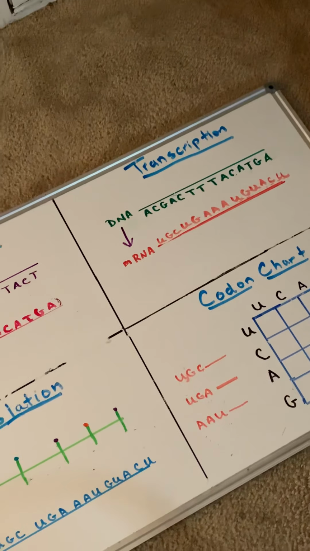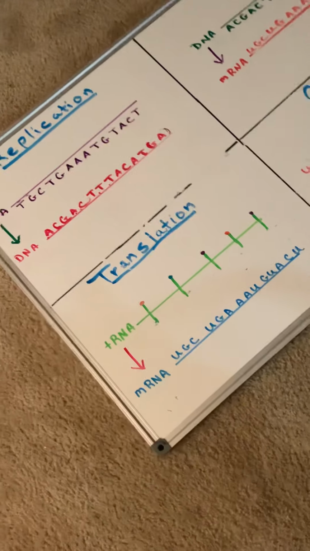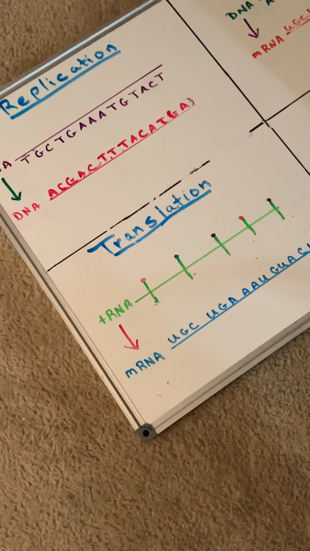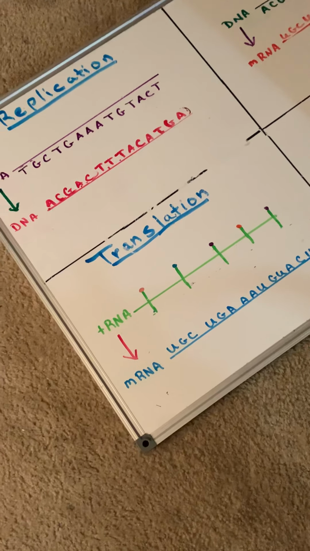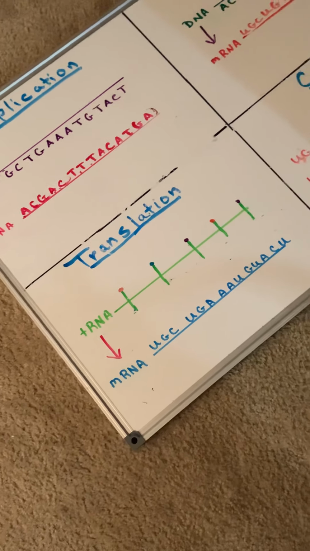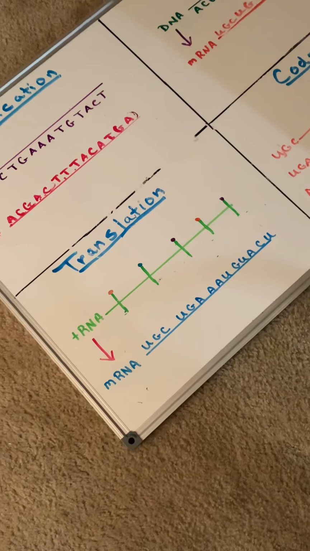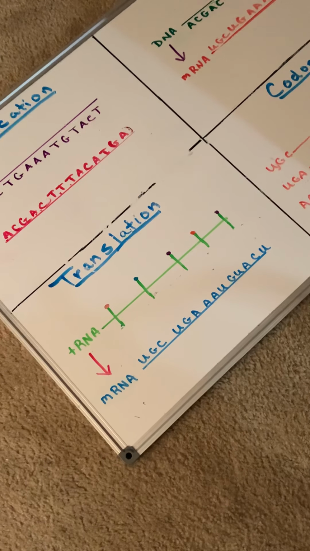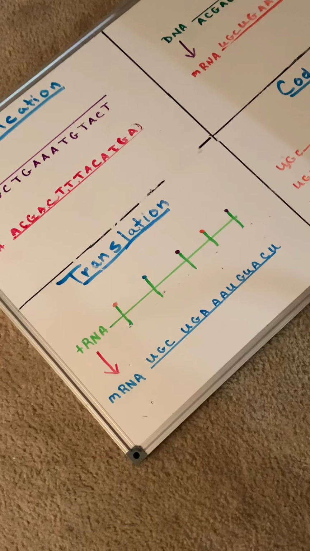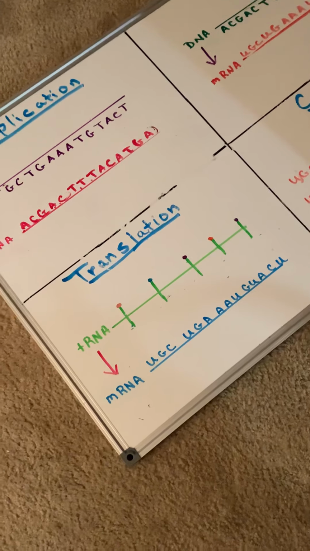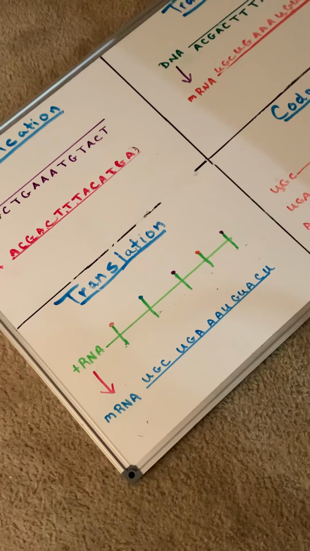And what's going to happen in the ribosome is messenger RNA is going to send a message to transfer RNA molecules and tell it to bring amino acids. This is where you need to remember that transfer RNA brings the anticodons and amino acids to the ribosomes for the process that we call translation.